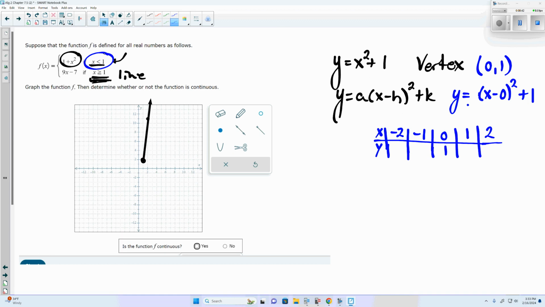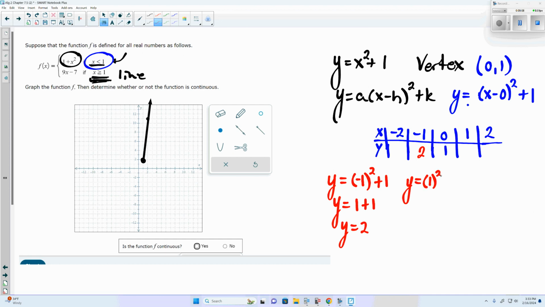So 1 and 2 are actually out. But, especially for this program here and getting the equation of the graph, we'll need them. And we can start off by just plugging these in. So we can start off with negative 1. So we'd have negative 1 squared plus 1. Well, negative 1 squared is 1, and 1 plus 1 is 2. So we have (negative 1, 2).